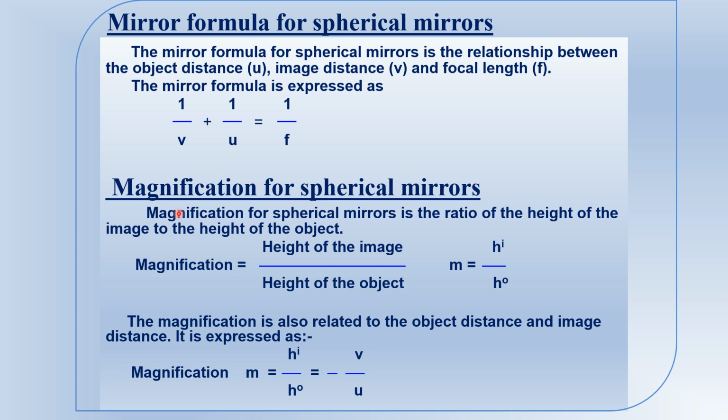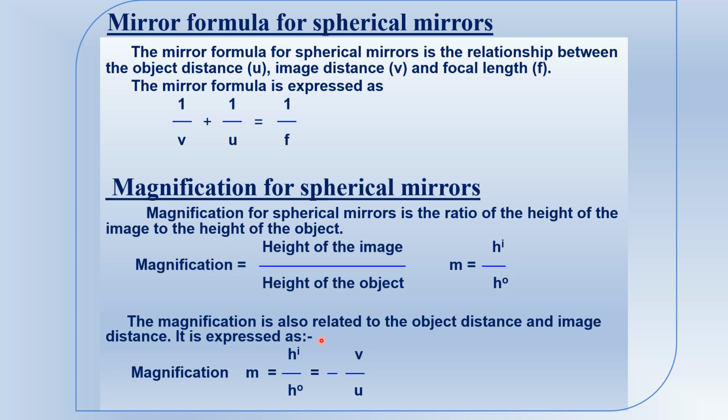Next is the magnification for spherical mirrors. The magnification of a spherical mirror is the ratio of the height of the image to the height of the object. Magnification is denoted by M, the height of the image is HI because of image I, and the height of the object is HO.